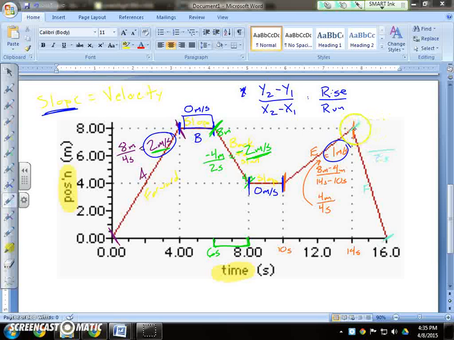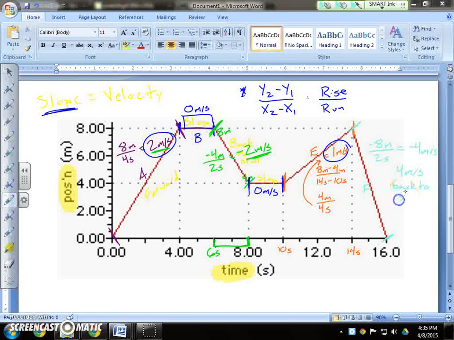And we end up going from 8 meters all the way back to where we started, at 0. So we know we travel backwards 8 meters. Negative 8 over 2 gives us negative 4 meters per second, which again is saying that you are traveling at 4 meters per second back to the start.